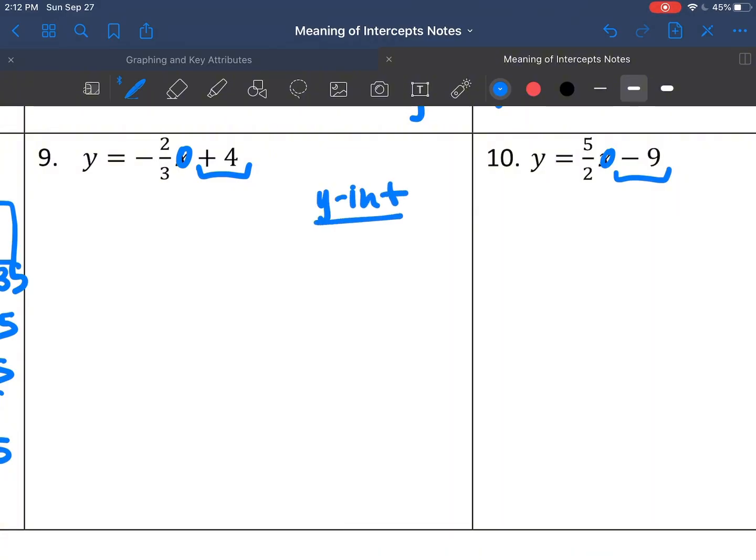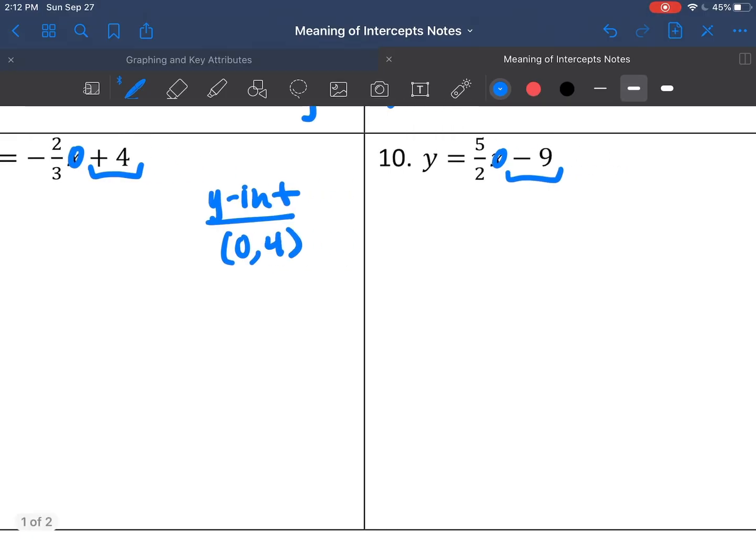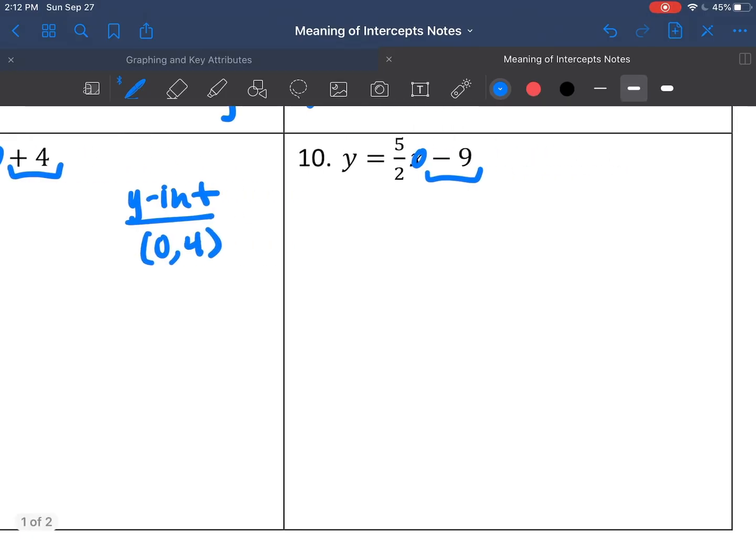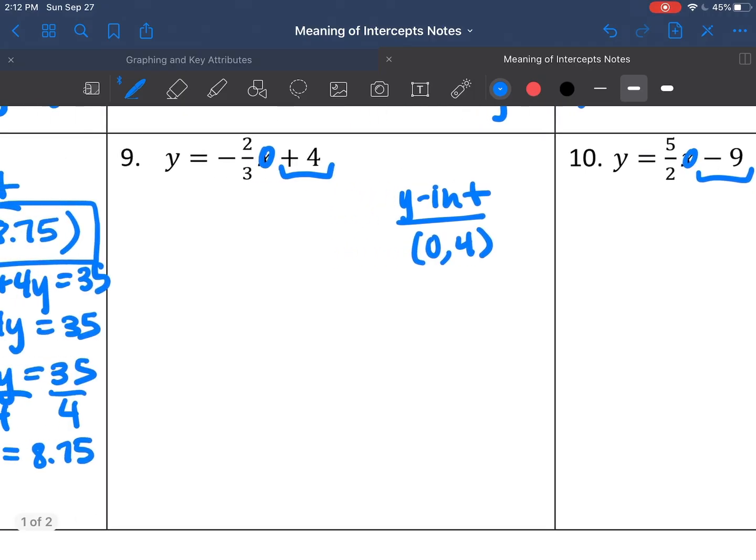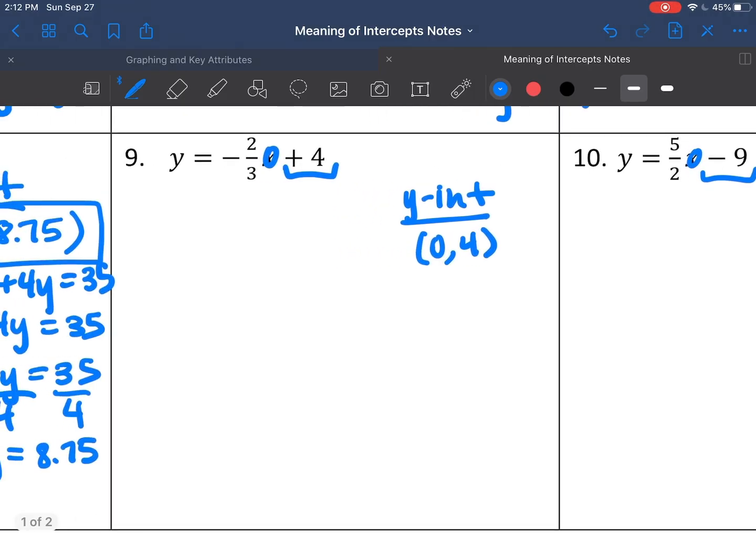And so in the case of number 9, we'd be left with the y-intercept of (0, 4). In the case of number 10, we would be left with a y-intercept of (0, -9). Don't lose your negative.